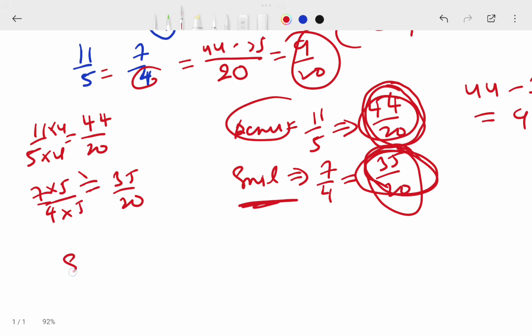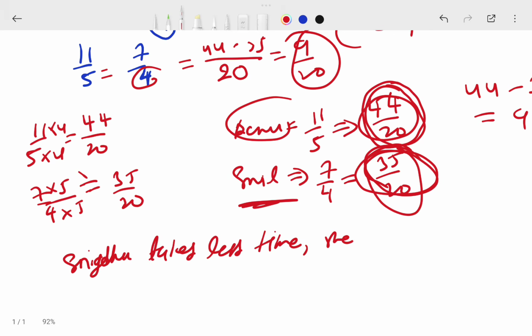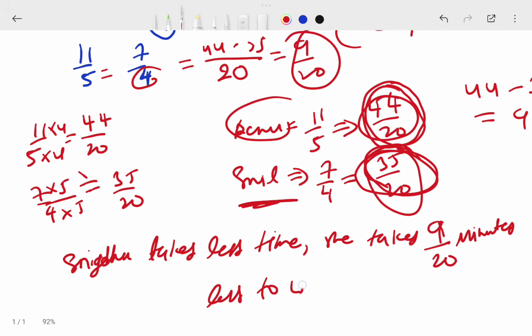You will write: Sindha takes 9 by 20 minutes less to walk across the school ground.